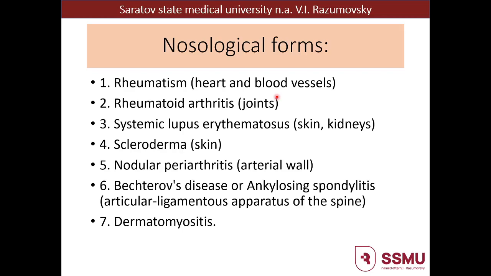The second disease is rheumatoid arthritis, and rheumatoid arthritis is a really actual problem nowadays because it damages joints in your patient, with typical localization in small joints of arms and legs.